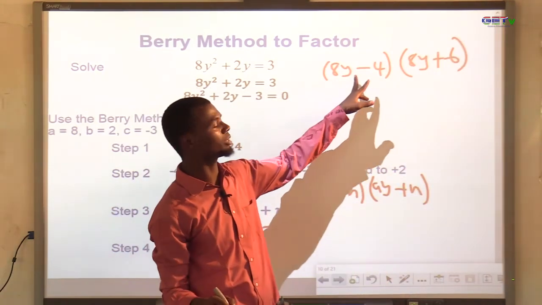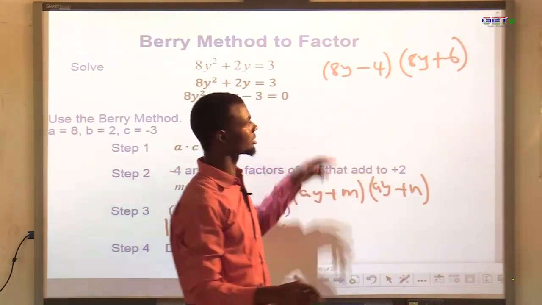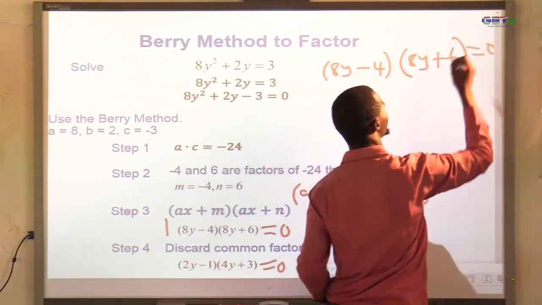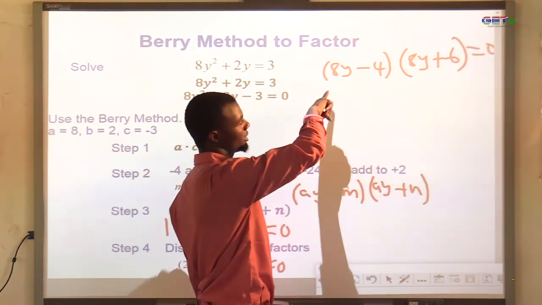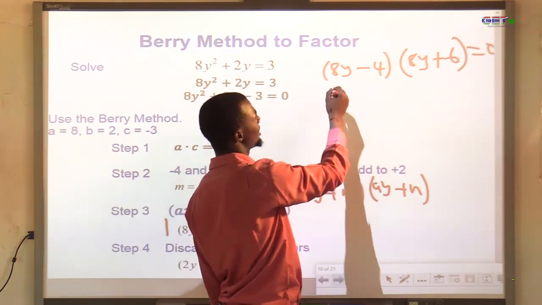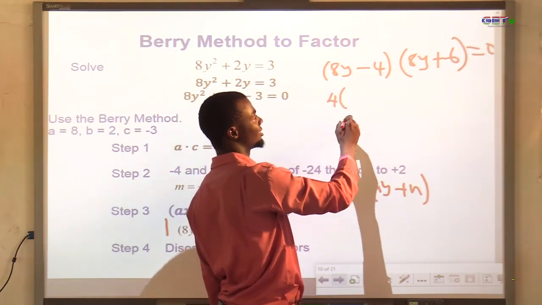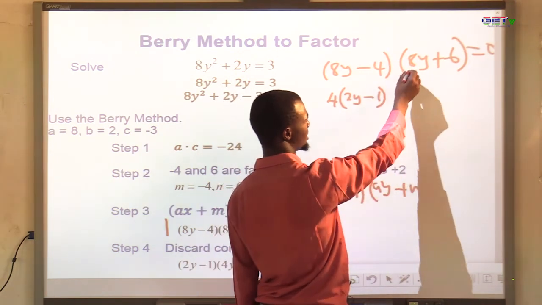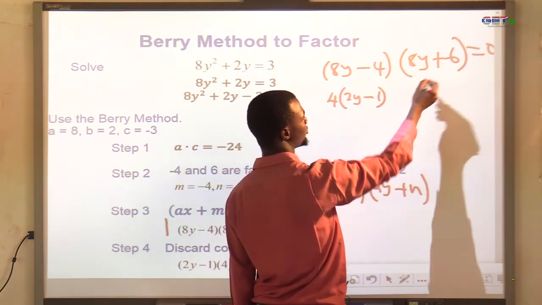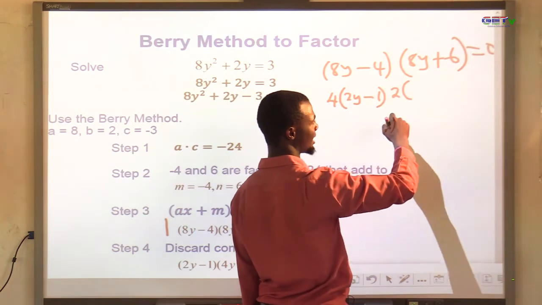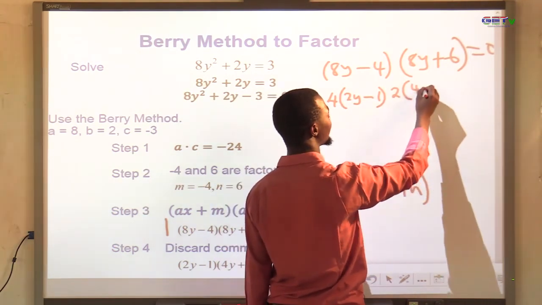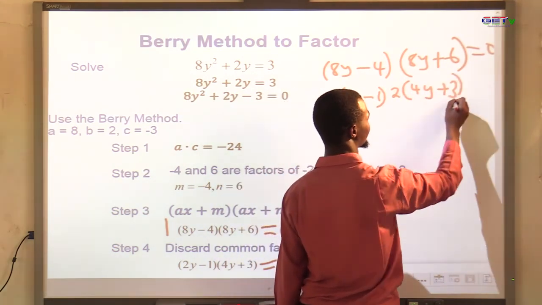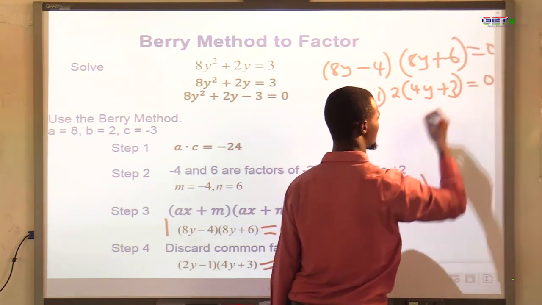What is the common factor here? The common factor here is 4. So we will have 4 in bracket, 2y minus 1. What is the common factor here? The common factor is 2. Then in bracket you have 4y plus 3. This is equal to 0.